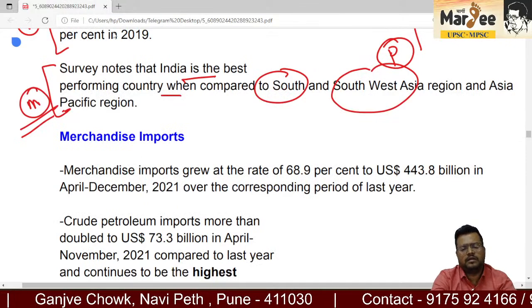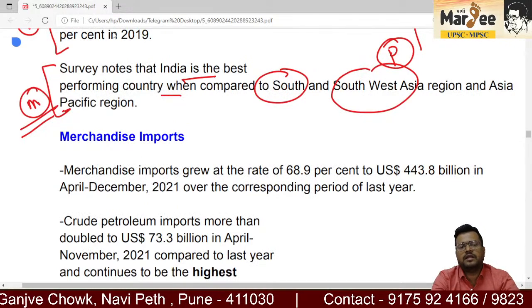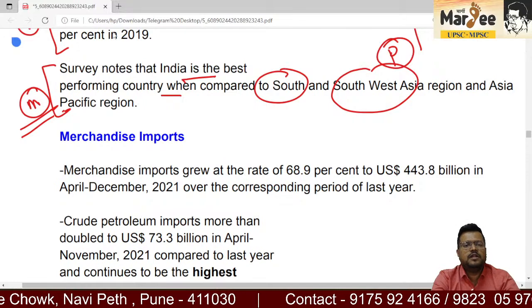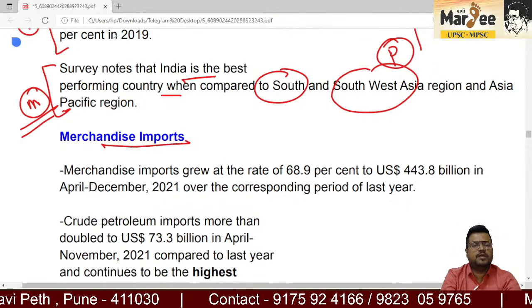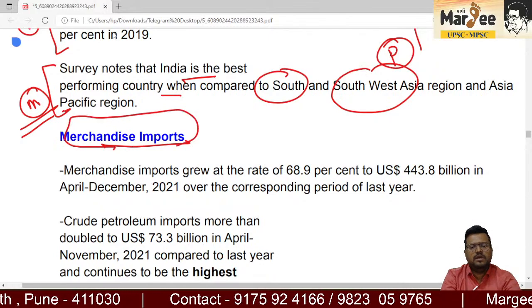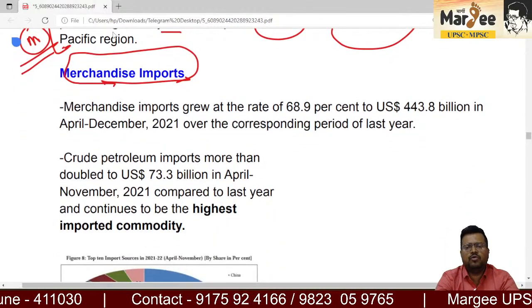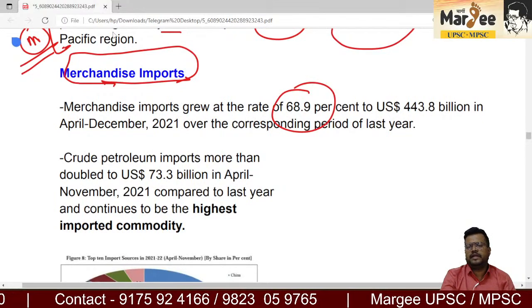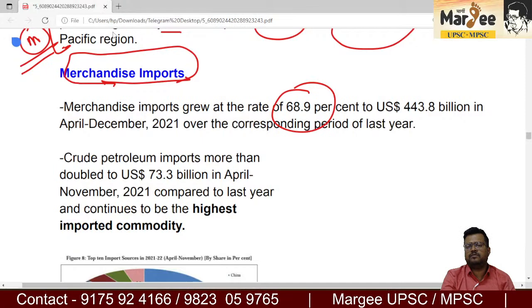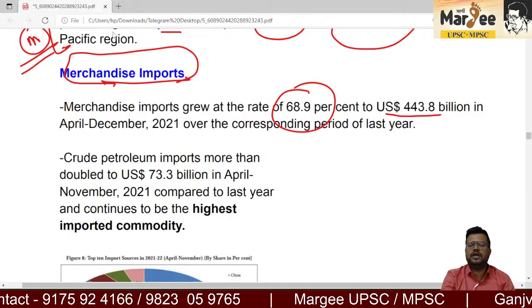Then, till now we have seen data related to merchandise exports. Now we will see what is the condition related to merchandise imports. Merchandise imports also grew at the rate of 68.9%. It is now at the level of 443.8 billion US dollars.